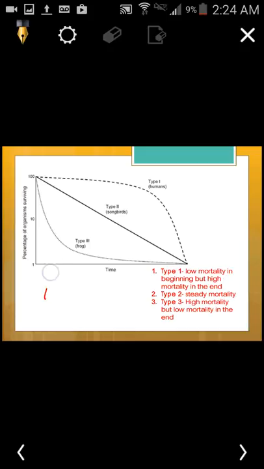An example of this would be frogs. They have a lot of tadpoles, and only a certain number of those actually make it to be frogs. Little froggies. Those are my frogs. So they're happy, and not very many of them actually make it, and a lot of these die.